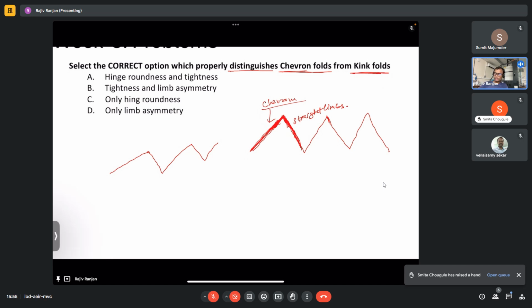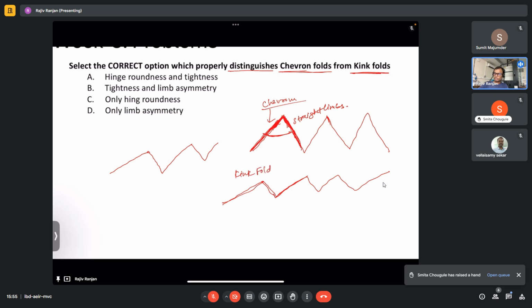But when it comes to kink fold, it will be like this. We have symmetry here. Here we have asymmetry. Here it's straight, but it's asymmetric. This is a kink fold.